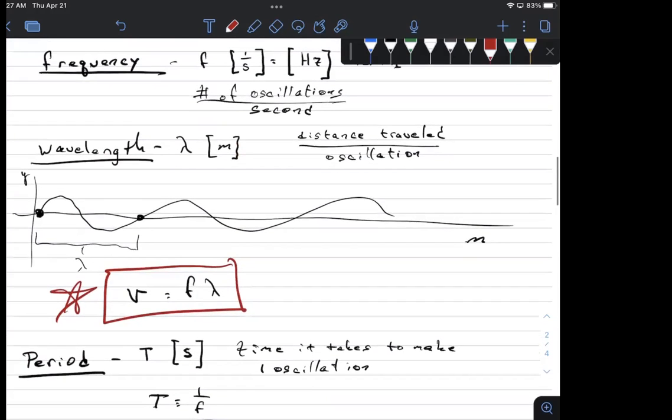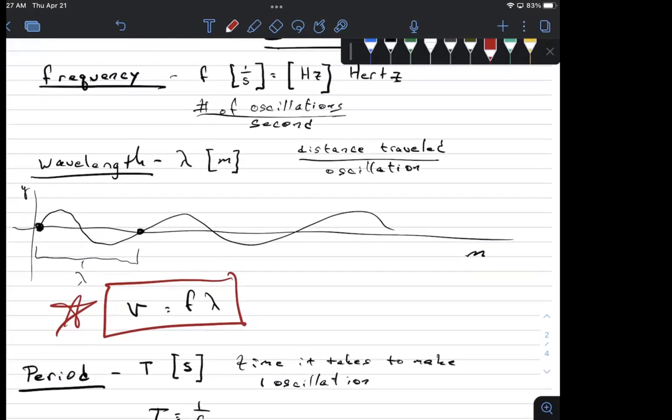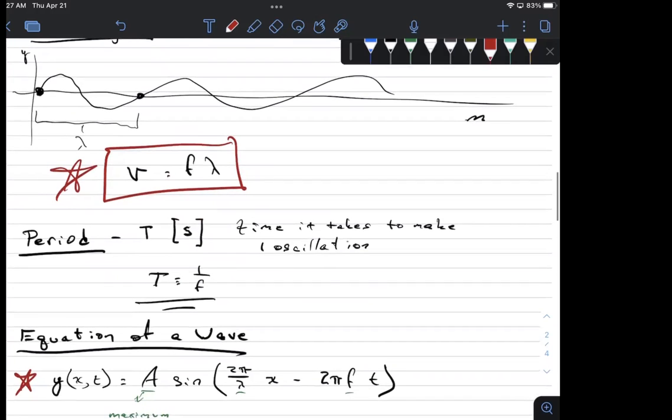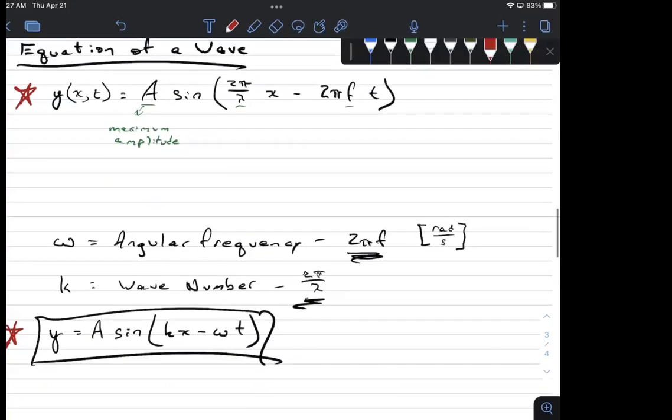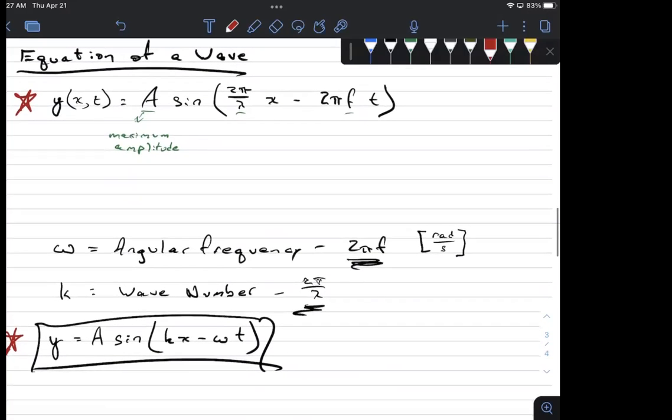First big thing, the characteristics. Velocity is frequency times wavelength. Period is in there as well, not quite as important, but you need to know period and frequency are inverses because sometimes you'll see the term period of a wave. And then the equation of a wave. You could learn either one.